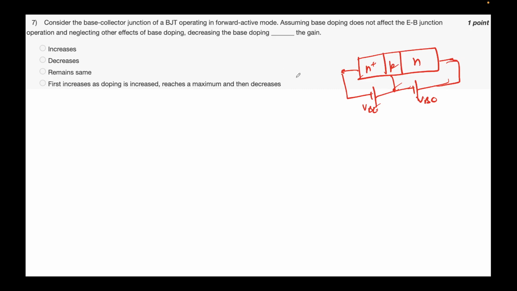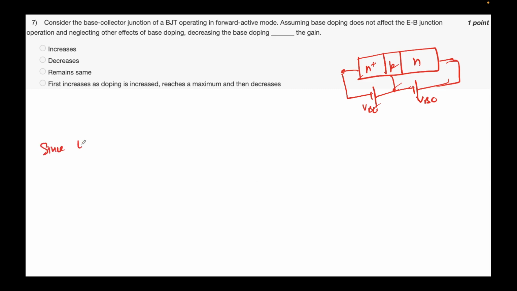In this problem we are changing the base doping, so we need to analyze what happens if we change it. It says to assume base doping does not affect the emitter base junction. This means the electrons that are injected here will not change. The emitter injection efficiency does not get impacted that much.